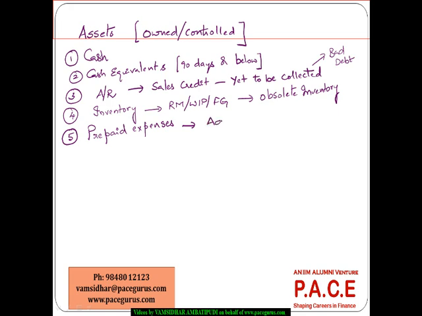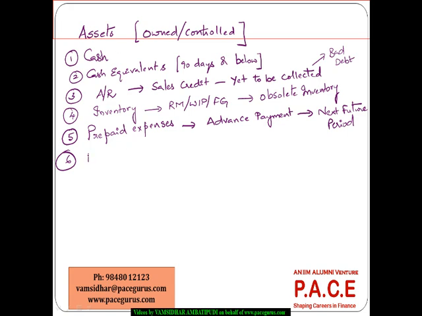It's like an advance payment done, but the service or the good not yet received, which means that's an expense not for this period but for the next future periods. So today it's an asset because we have already paid for it. It becomes an expense on a future date, but because the payment has already been done, even that is treated as an asset.